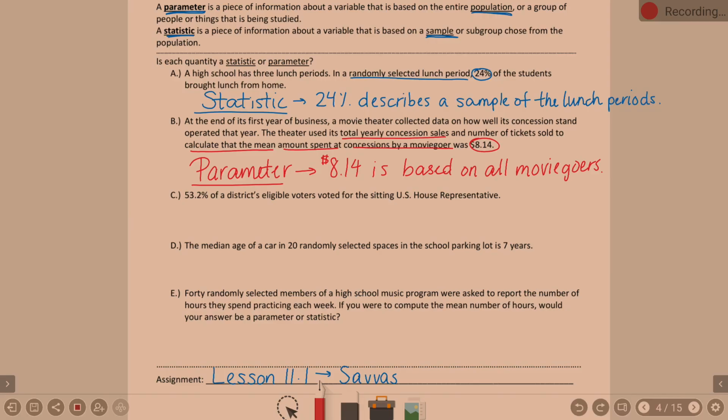I was thinking statistic because it's a district. I don't know. I think it's statistic, because it's a percent of all. I think it's both. Yeah, it's a statistic because it says 53% of all district voters, all eligible voters, voted for the sitting representative.